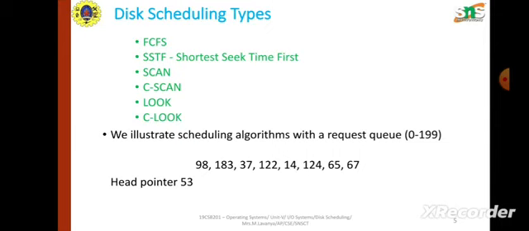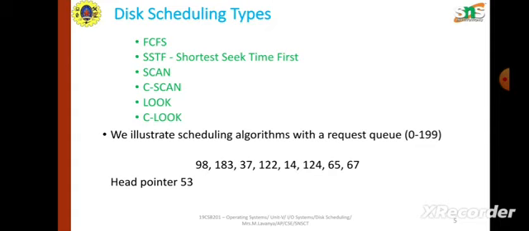The initial head pointer is the position on the disk whose data is currently being accessed by the system. That means the data in that cylinder is currently being accessed. Whenever the queue arrives, all the cylinders in the queue will be served using the above 6 techniques.